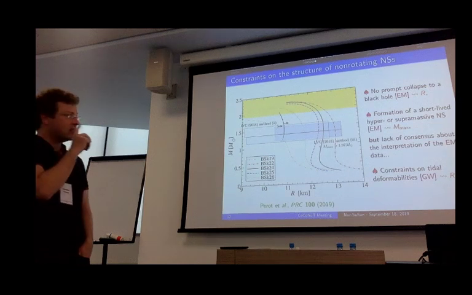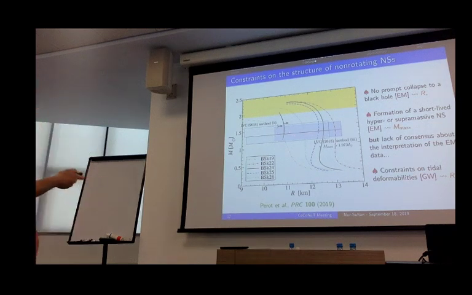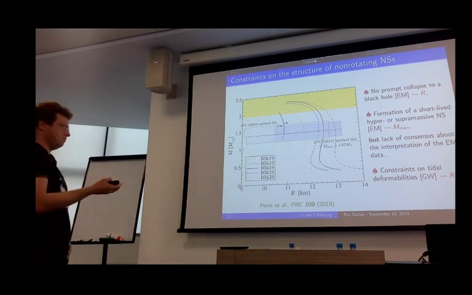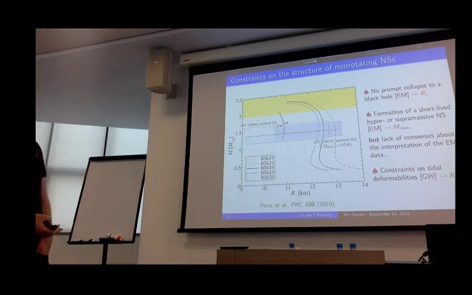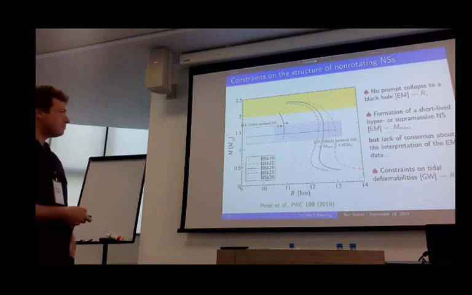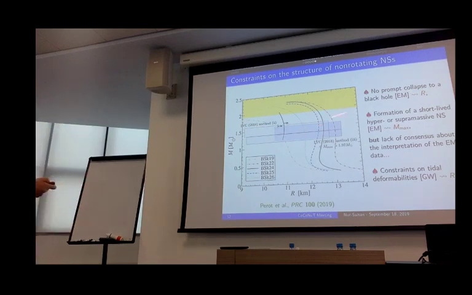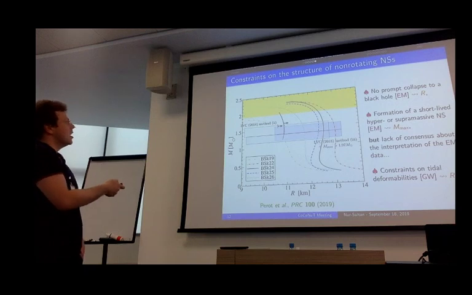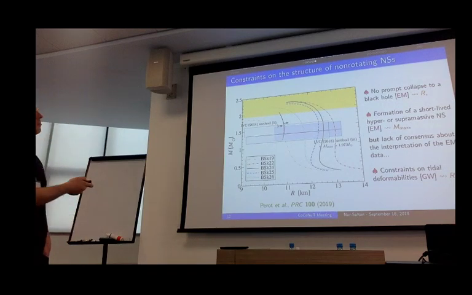As you can see, especially for this constraint on the radius, these different constraints tend to be more stringent than those we previously had from electromagnetic observations alone. Among these different equations of state, all happen to be consistent with the constraints except BSK19, which predicts too small radii and masses.